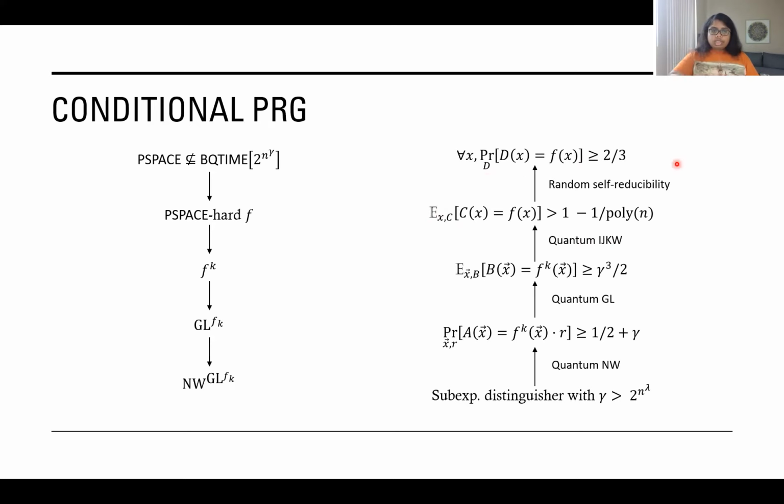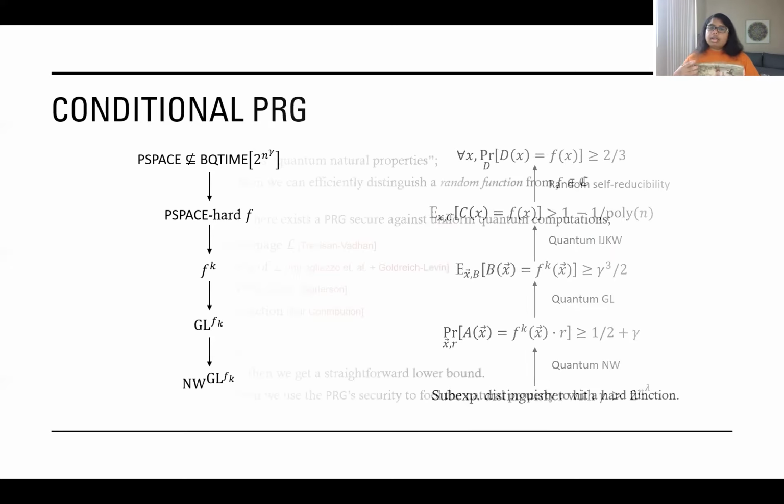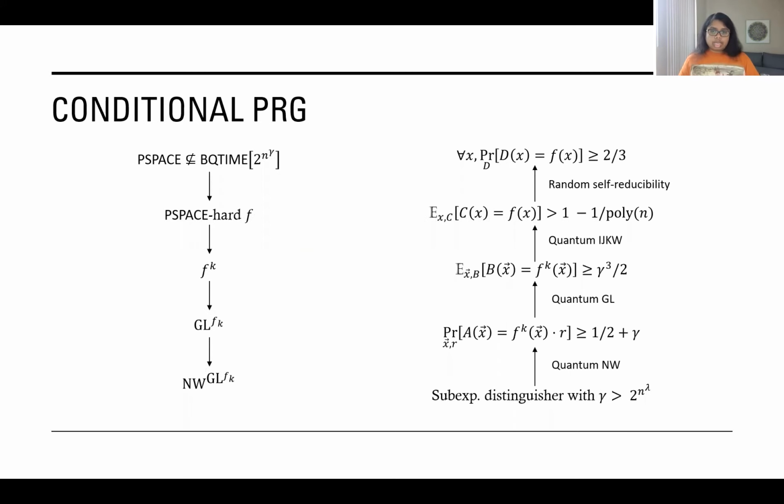Since all of this had only a polynomial-sized overhead, the algorithm that I get is still sub-exponential in size, which means you get your violation happening here. So you have constructed an efficient distinguisher for the PRG. This completes the last step.